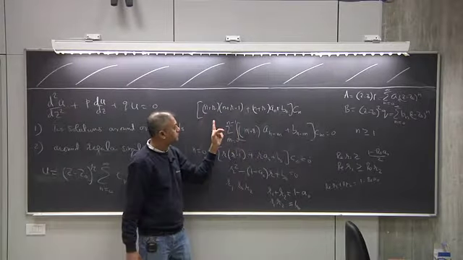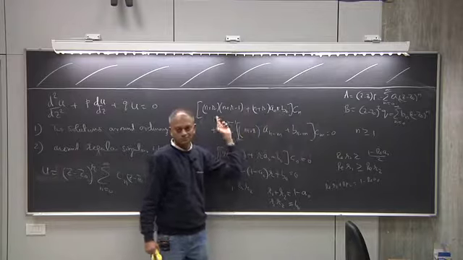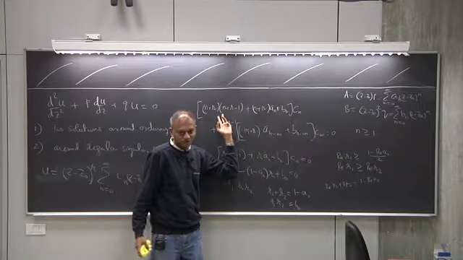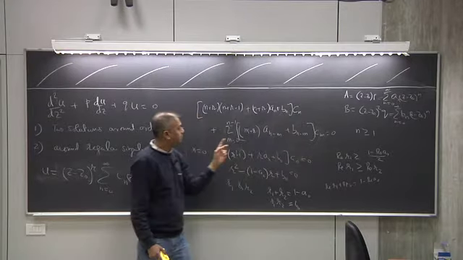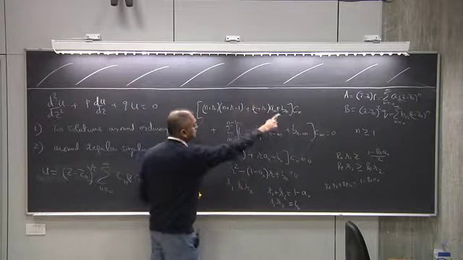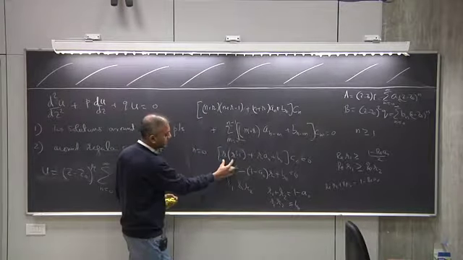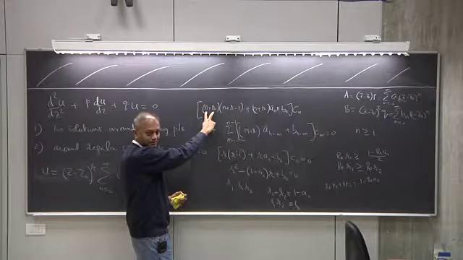But the only problem could be that maybe for some value of n, this may be 0. If it becomes 0, you cannot determine cn from that equation, right? So look at this part. This is the same as that, except this r has been replaced by n plus r, right?